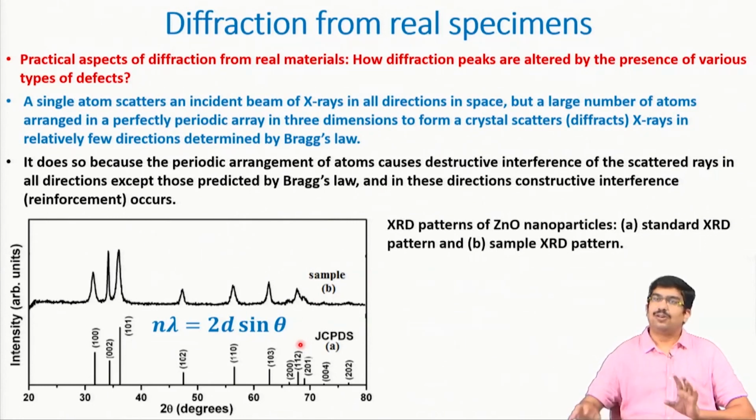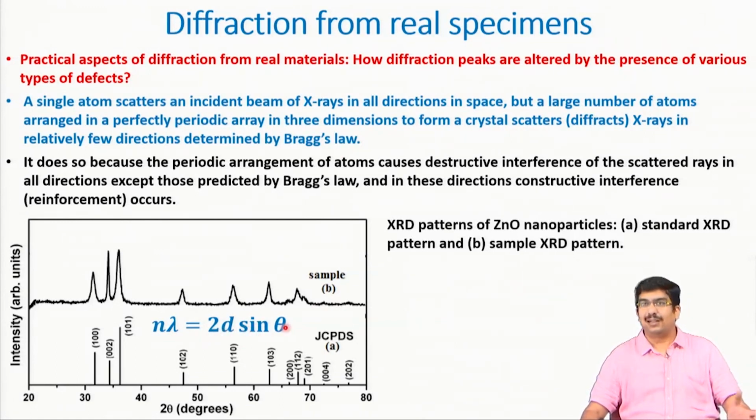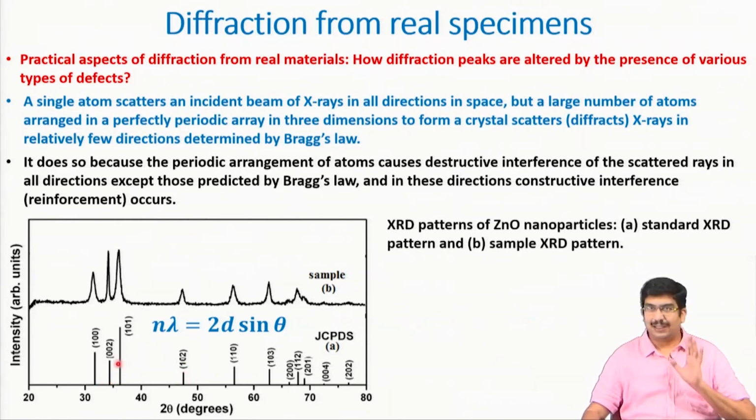Fine, so you know the d value. All you have to then calculate, since you know lambda, you know 2, you know d, is the sin theta value. So you know exactly at what sin theta you can expect the diffraction to happen, and you mark that there, done. You know exactly at which positions you will be getting these peaks, first thing.